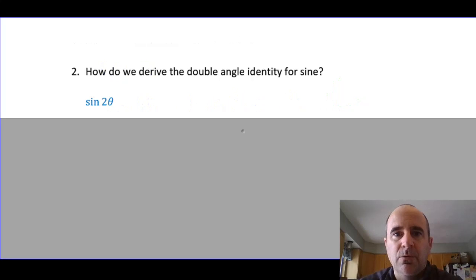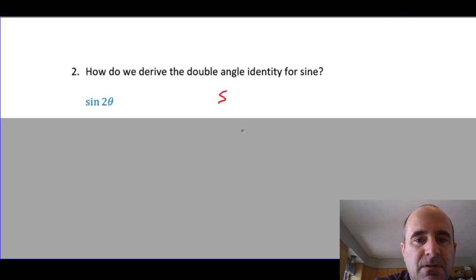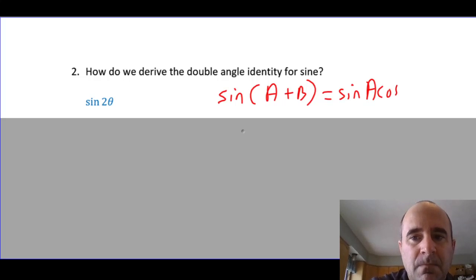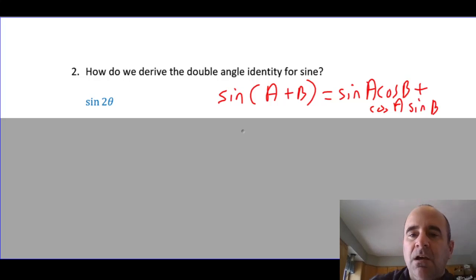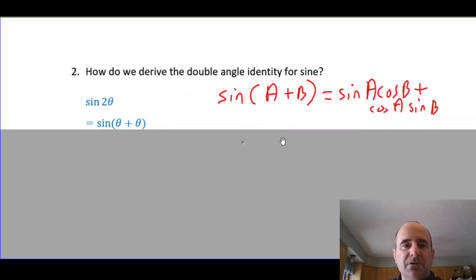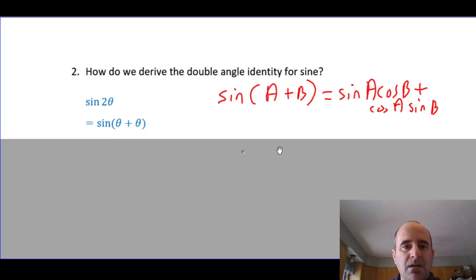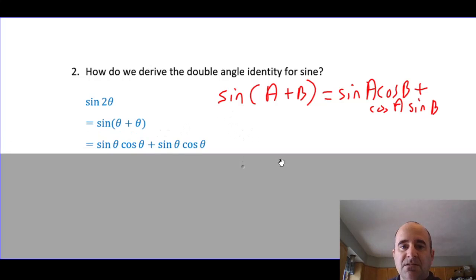So let's look at how we derive the double angle identity for sine. The key to this is actually to remember that we know the addition identity for sine. That sine of A plus B is equal to sine A cos B plus cos A sine B. And the reason that's helpful is if we look at sine 2 theta, that's really just sine of theta plus theta, and applying the formula that I've written down for you on the side gives sine theta cos theta plus sine theta cos theta.